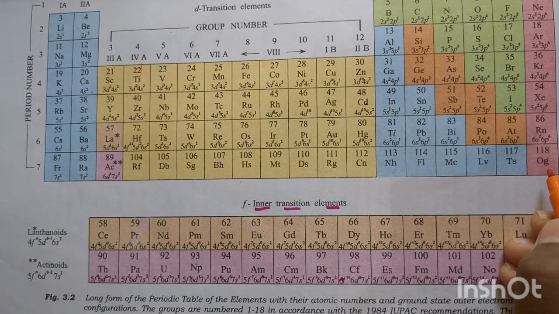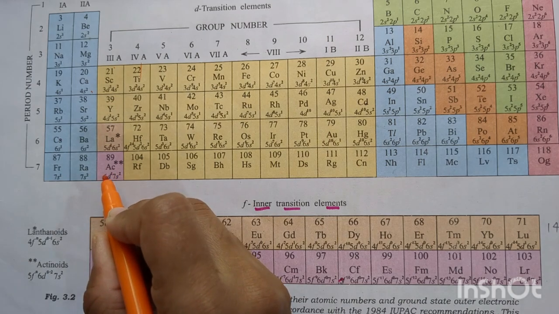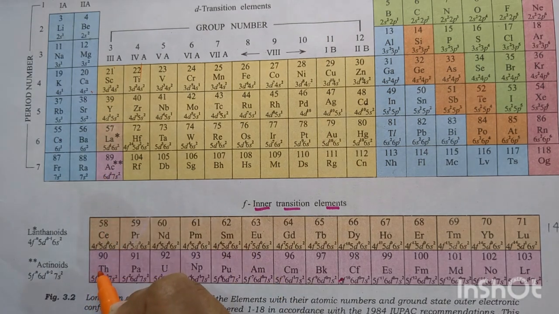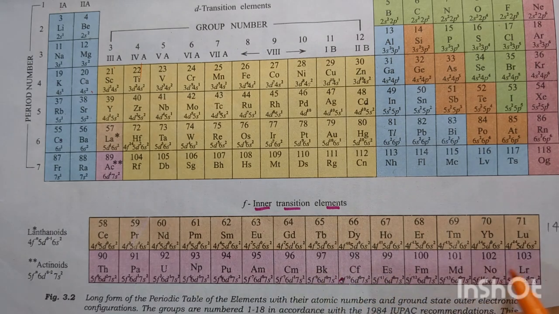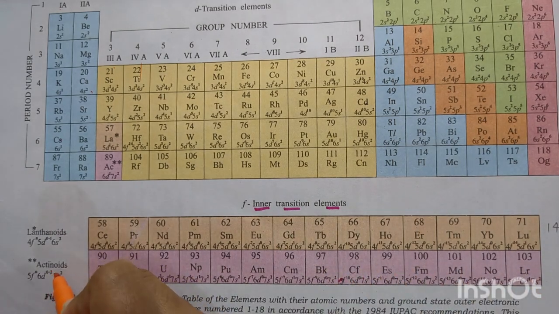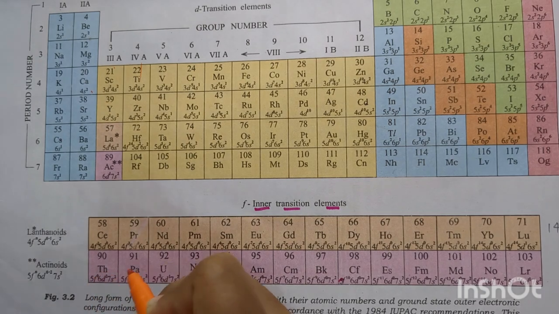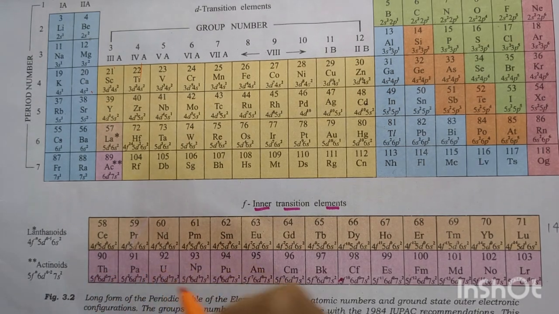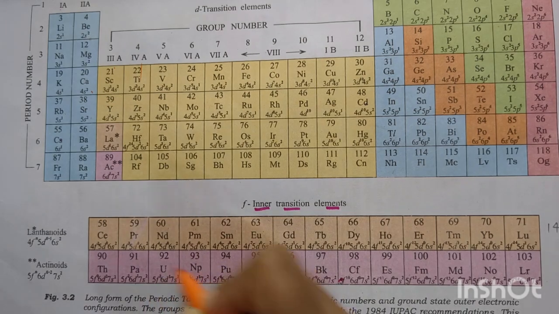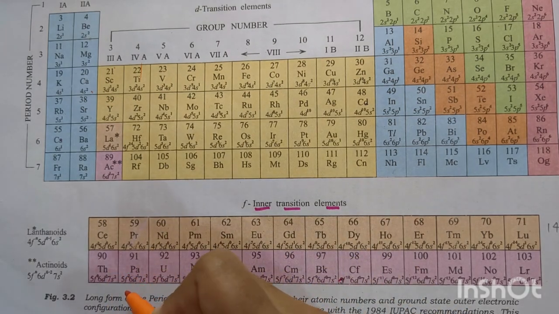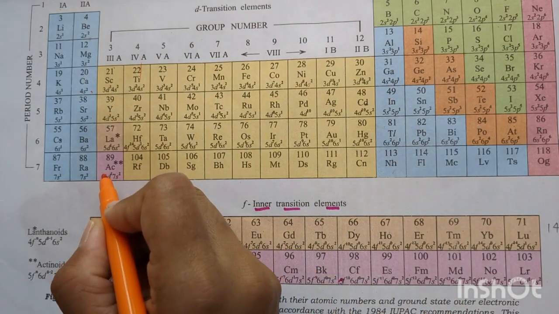The filling up of 5f orbitals starts after actinium and it gives the 5f inner transition series, which is called the actinoid series. For thorium 5f0, then protactinium, uranium, neptunium, with 5f1, 5f2, 5f3, 5f4 and so on.